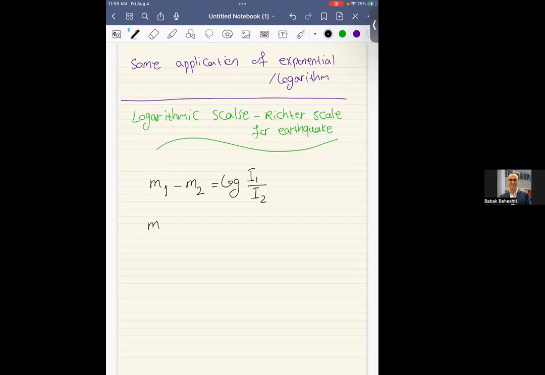So M, the magnitude of an earthquake, and I, intensity. So you have M equal to log of I.